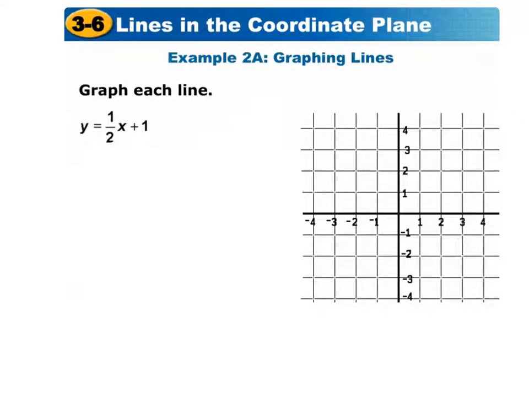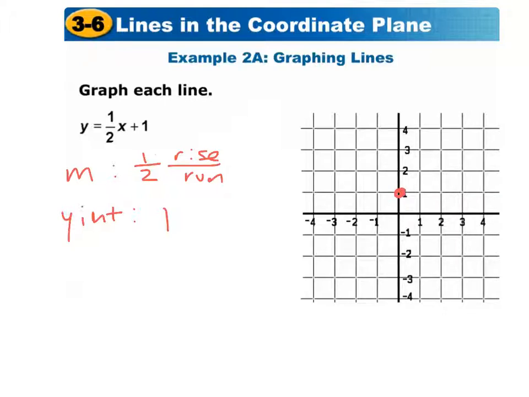So graph each line. So here we have slope-intercept form. So we have our slope and our y-intercept. What's our slope? 1 over 2, which would be rise over run, right? And what's our y-intercept? 1. So we graph our y-intercept first, which would be right here.